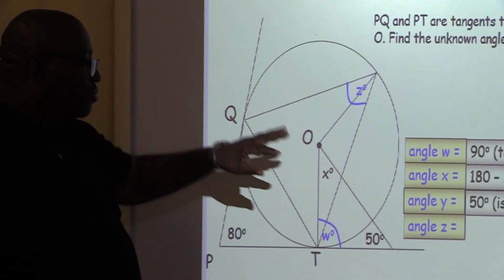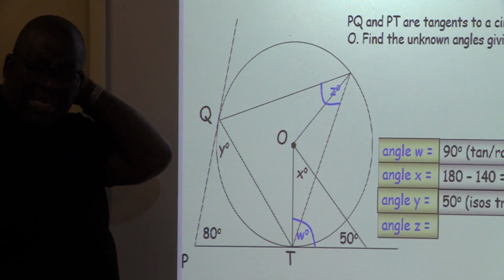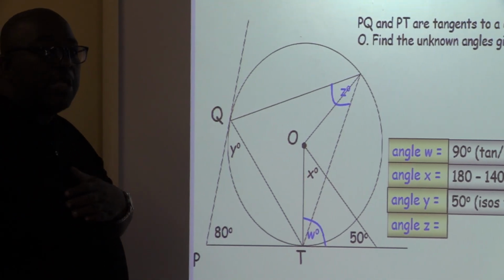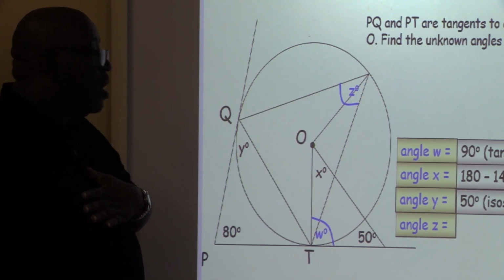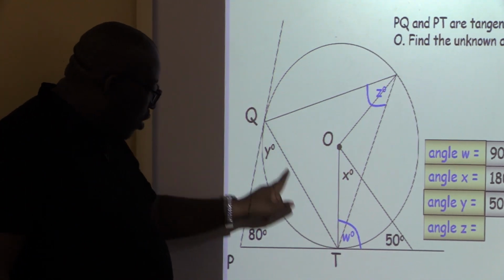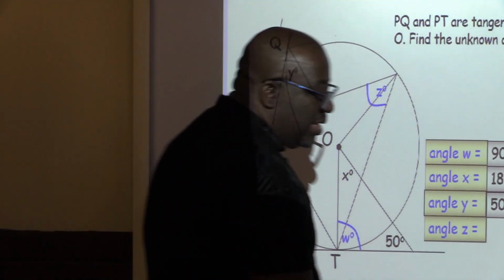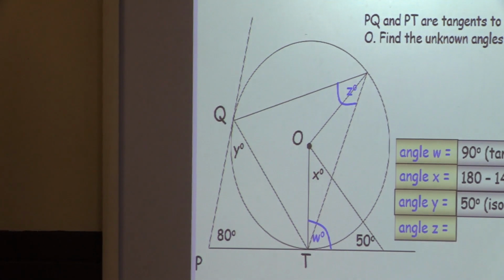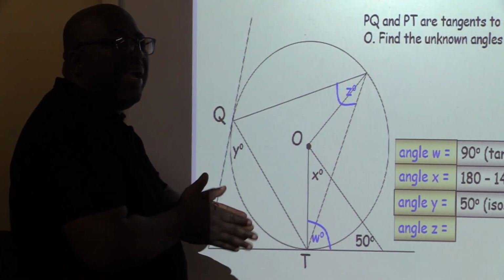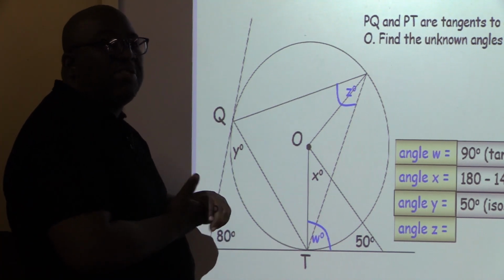Angle Z. I don't have to stress about Z, I stress about theorems. Look at Y. Look at the position of Y. Where is Y? This is a tangent, this is a chord. Y is between a tangent and a chord. Now, an angle between a tangent and a chord is equal to the angle subtended by that chord in the alternate segment.